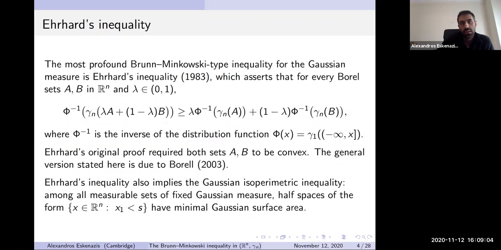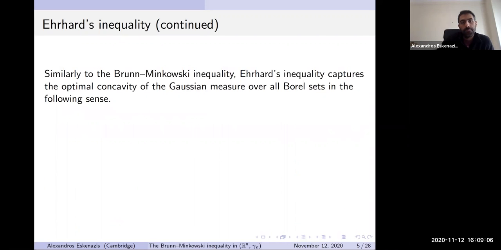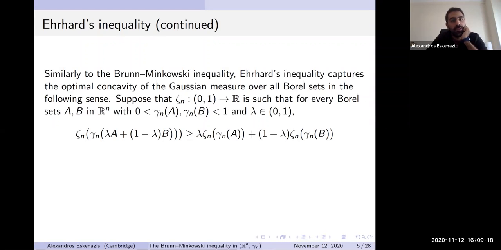So that's Ehrhard. Now, similarly to Brunn-Minkowski, Ehrhard captures the optimal concavity of the Gaussian measure. Let me explain exactly what this means, and exactly what I'm going to mean by a sharp inequality in this talk. Let's suppose that you have some function zeta n, so that zeta n of the Gaussian measure is concave, at least for sets which have probability different from 0 and 1.